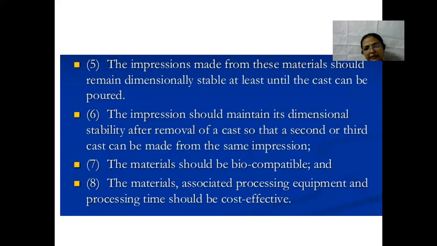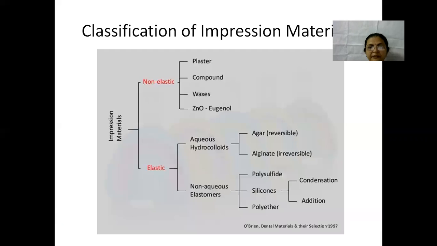It should maintain dimensional stability even after removal from the cast, so that a second or third cast can be poured. These materials should be biocompatible, and the materials and equipment associated with processing should be cost effective.